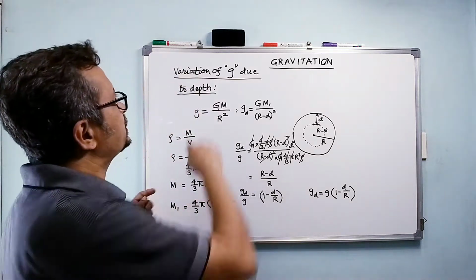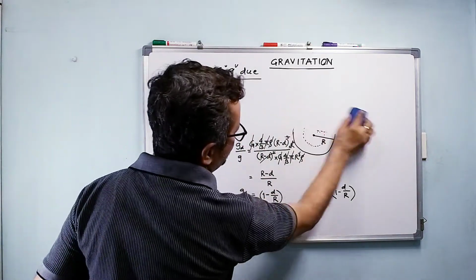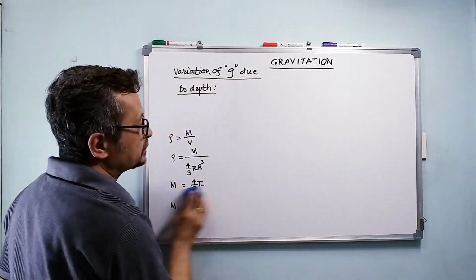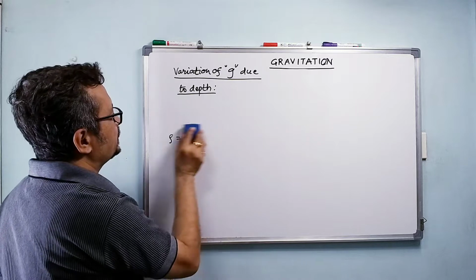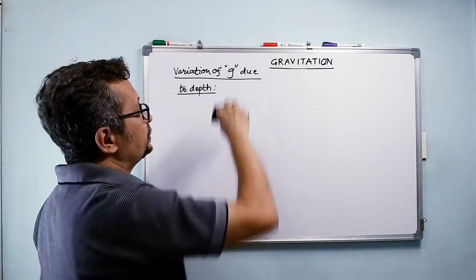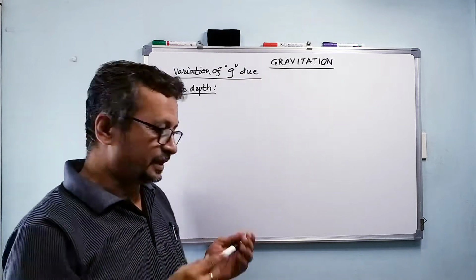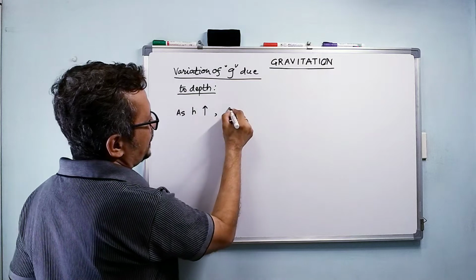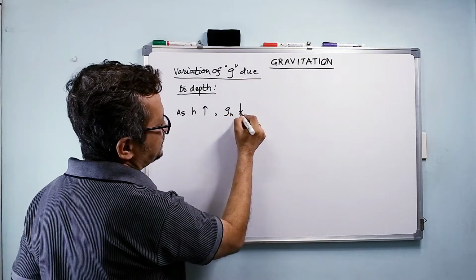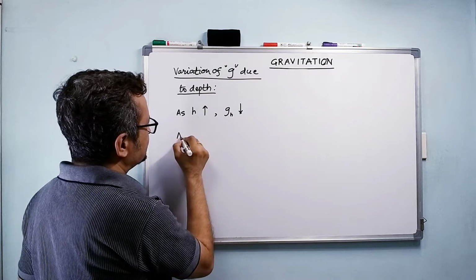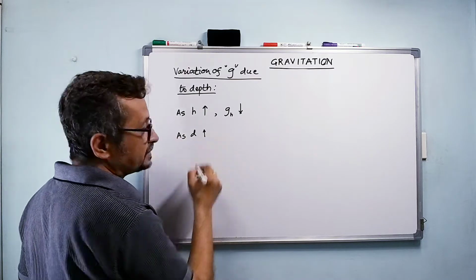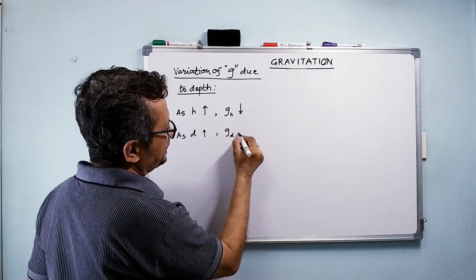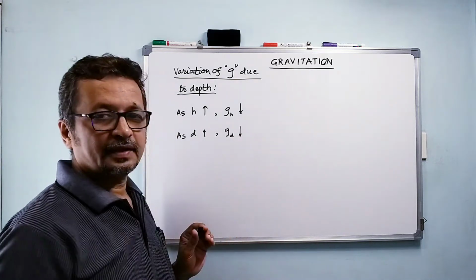So now what is the conclusion? Let us draw some conclusion on our findings in variation of g due to altitude as well as depth. As my h increases, my gh decreases. As d increases, that means I'm going down and down, my gd again decreases, correct?